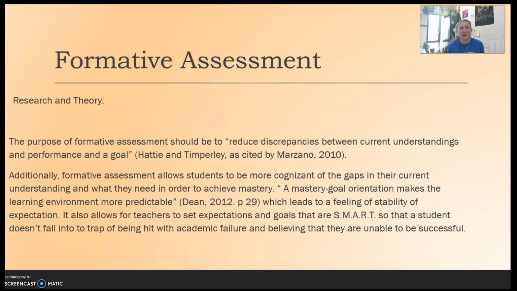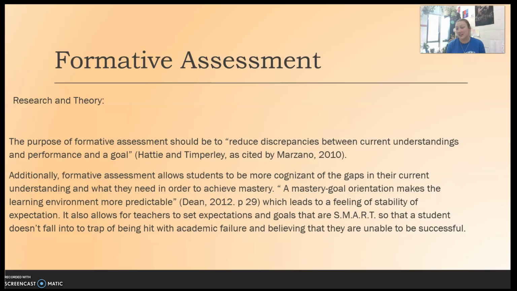And you want them to do that because mastery, goal orientation makes the learning environment more predictable for the students. It leads to stability for the students. And when students have bought in and taken ownership of their own learning, you have better engagement and more adaptability and a greater level of involvement from the student, which leads to a higher level of success.